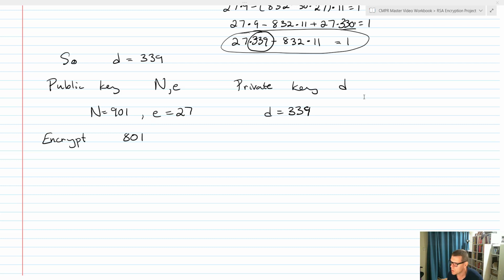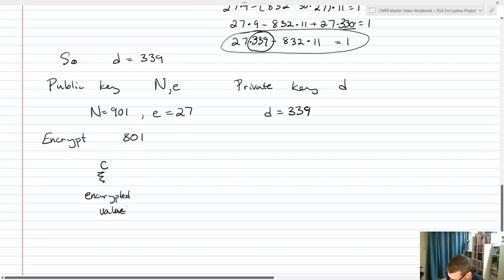So what I'm going to do is create a number C. That's going to be my encrypted value. And it's going to end up equaling M to the E mod N. So I'm going to create a number C, and in my case, it's going to be 801 to the 27th power mod 901.